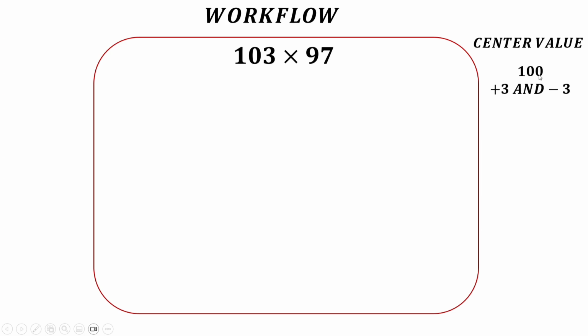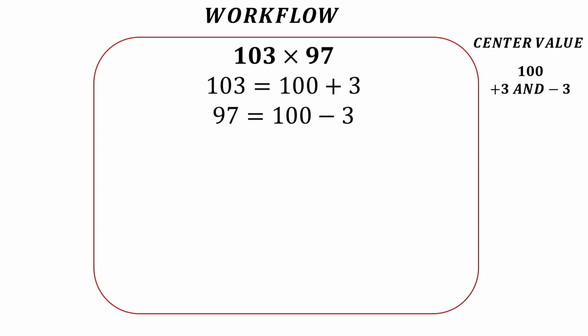So this particular multiplication works if the two numbers you are dealing with are arranged around a particular center value. That is the condition you're supposed to take note of if you are using difference of two squares to multiply two numbers. So how does this work? We can rewrite 103 as 100 plus 3, and we can rewrite 97 as 100 minus 3.